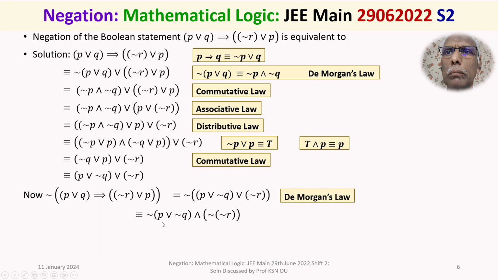And for negation of P or negation of Q, we apply De Morgan's law again.